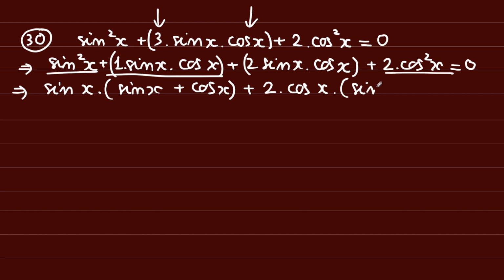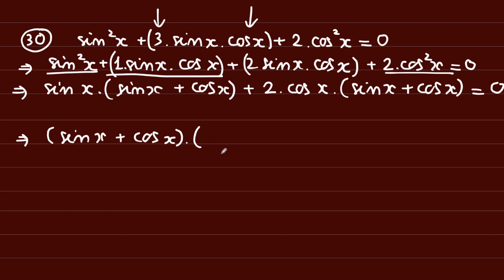Inside the bracket, you still have sine x plus cos x. After you take factorizing, you got the new common factor sine x plus cos x. So the first bracket will be sine x plus cos x, and the second one will be sine x plus 2 times cos x, equal to 0.